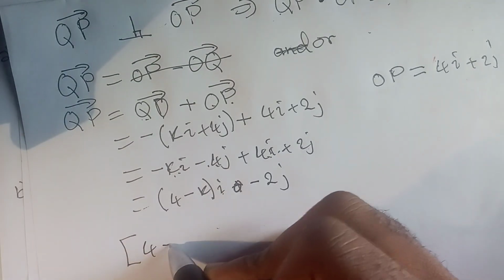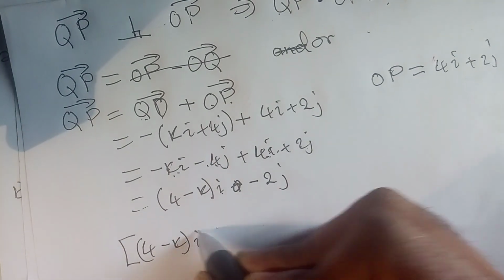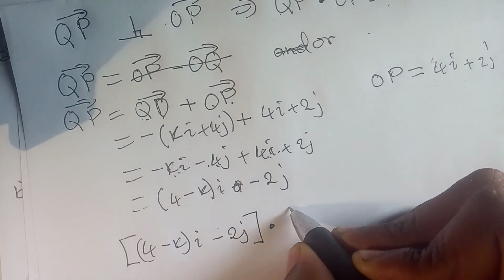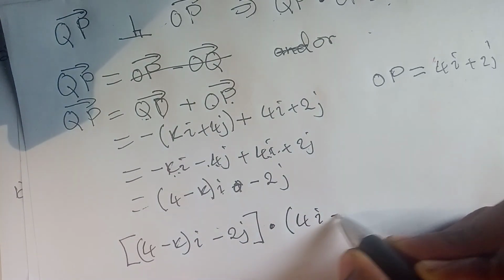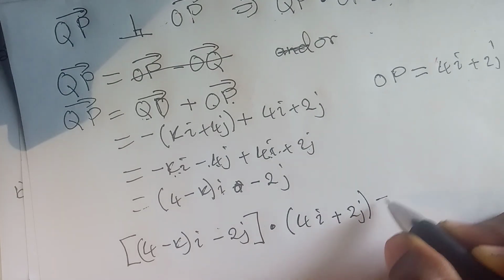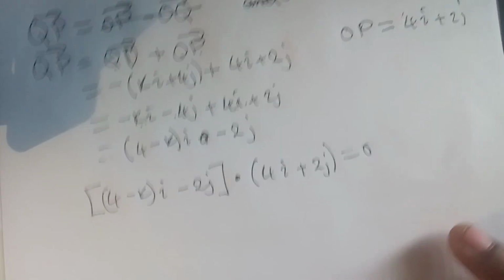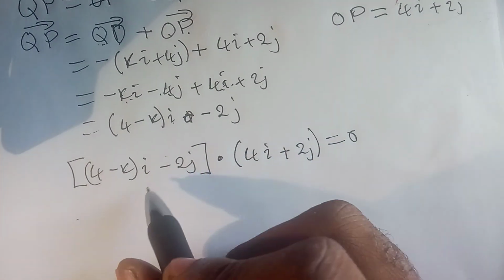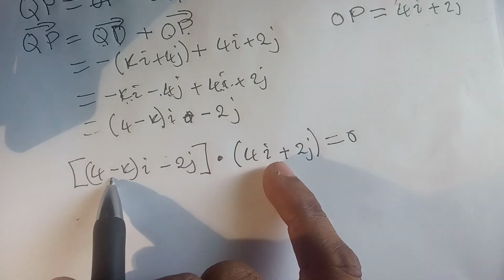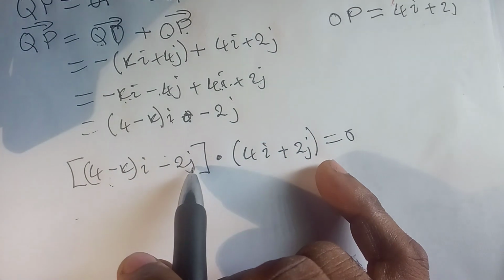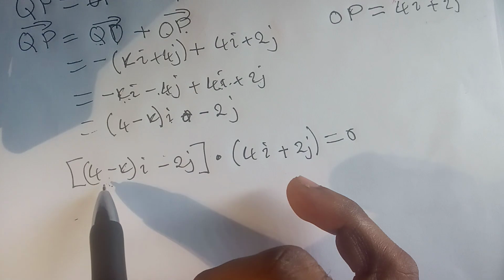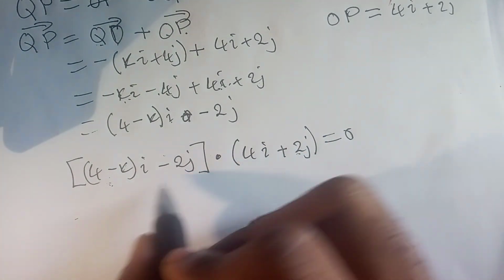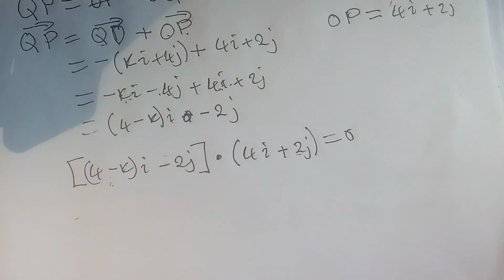So we can just multiply these two and equate the product to 0. So we can say 4 minus k i minus 2j multiplied by 4i plus 2j, and this product must be equal to 0. To multiply vectors, remember that you multiply the i components alone and the j components alone. You don't need to multiply the i by the j's and the j's by the i's, because those will give you 0.